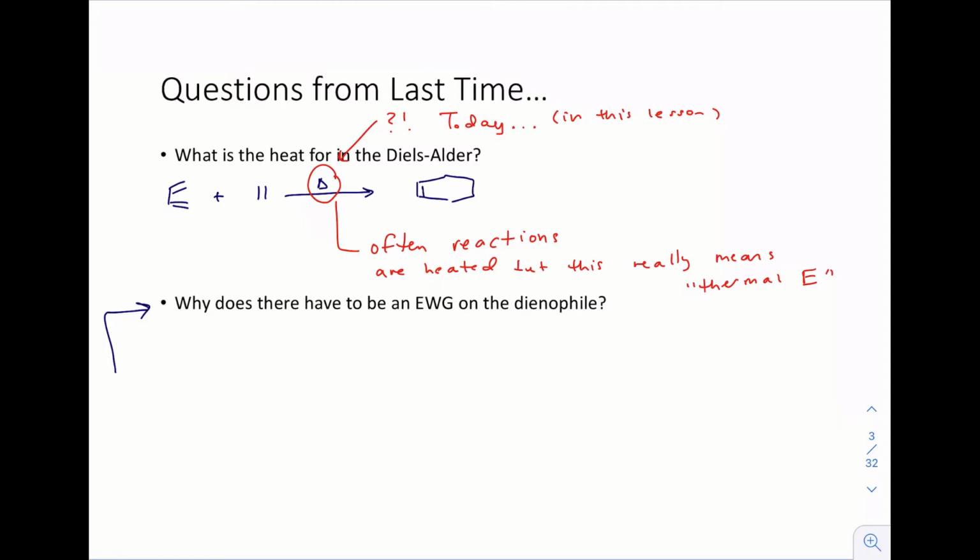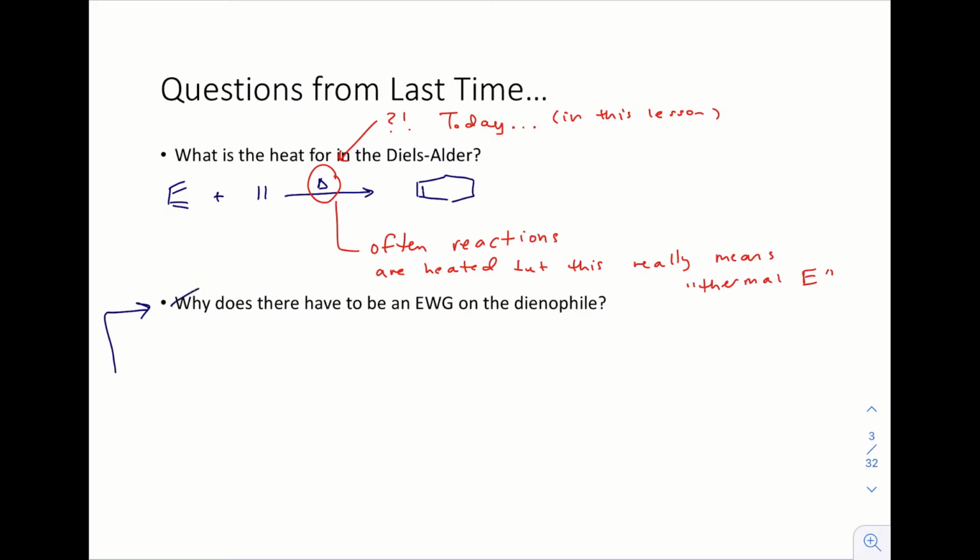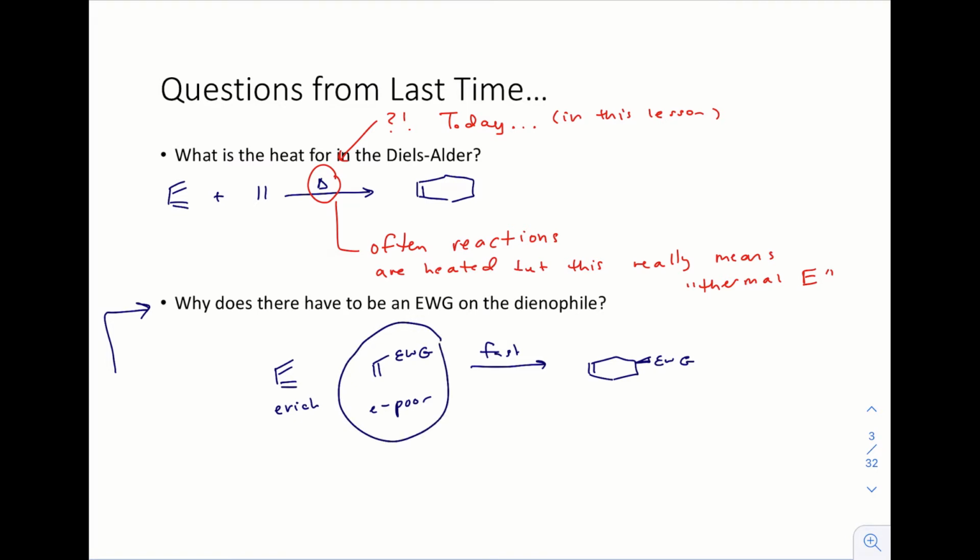A second common question I encounter is, why does there have to be an electron withdrawing group on the dienophile? Or sometimes just, does there have to be an electron withdrawing group on the dienophile? Yes, when the diene is the electron-rich species, there is a requirement for an electron withdrawing group on the dienophile for a fast Diels-Alder reaction.